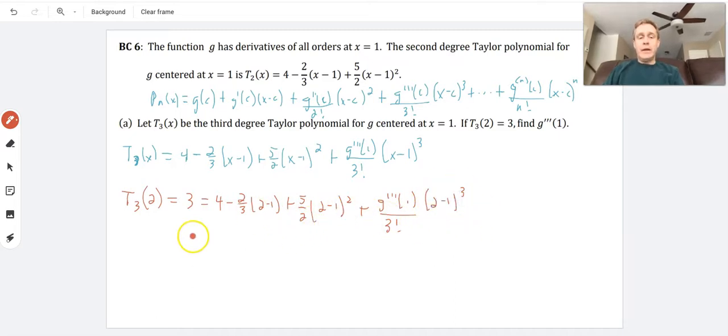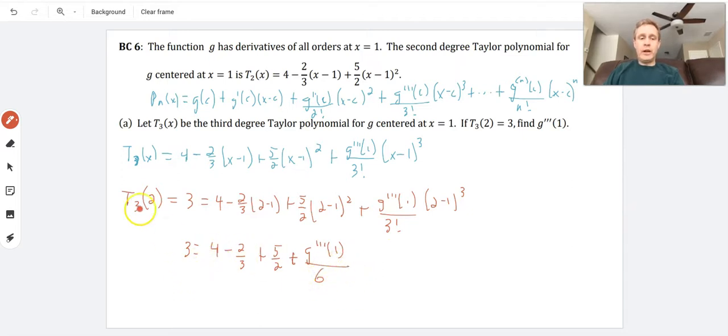The nice thing that happens here is that 2 minus 1 is essentially 1, so we're going to end up with 4 minus 2/3 plus 5 halves, and then our last term will be g triple prime of 1 all over 3 factorial, which is equal to 6.